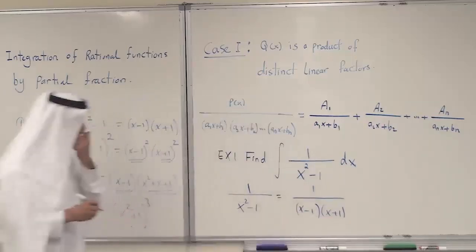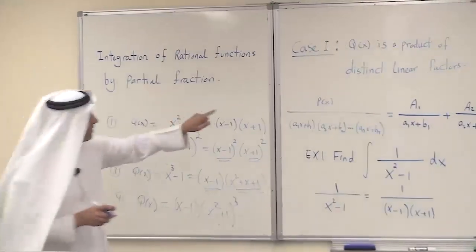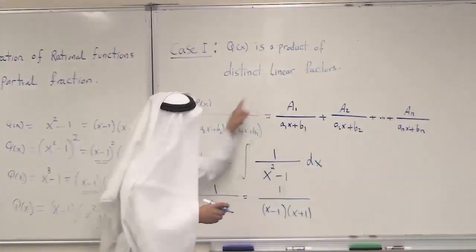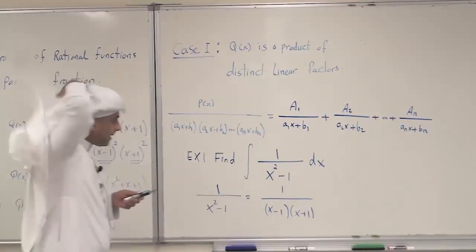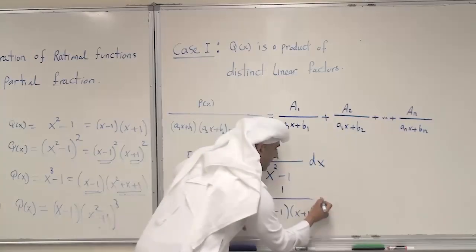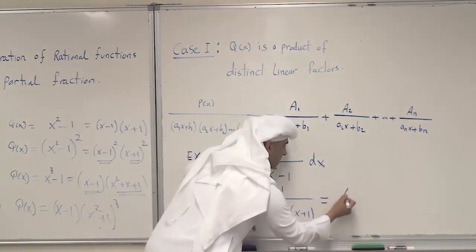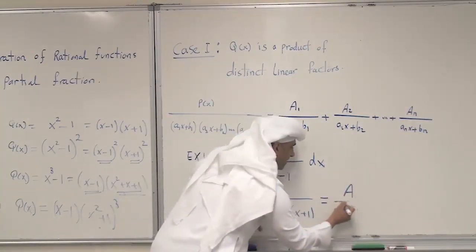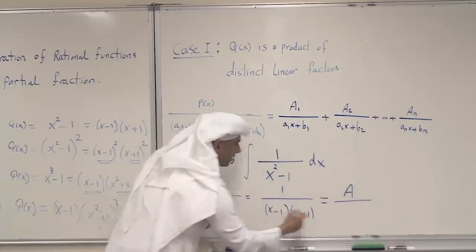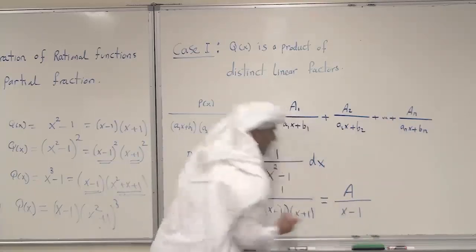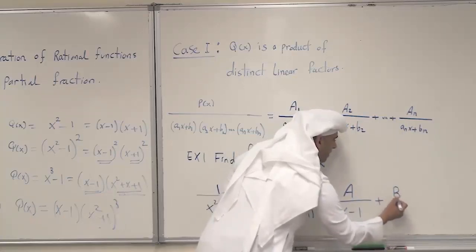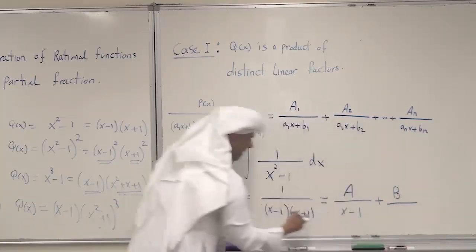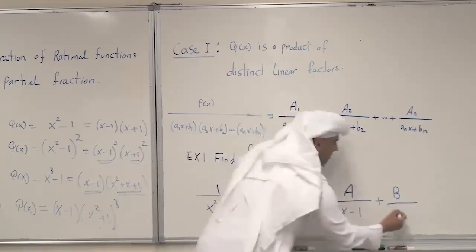The partial fraction decomposition form says you can always rewrite this as a constant, let's call it a, divided by the first factor here, x minus 1, plus another constant b divided by the second factor here, x plus 1.